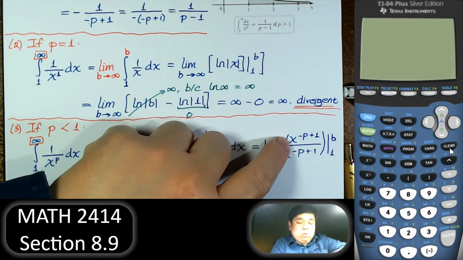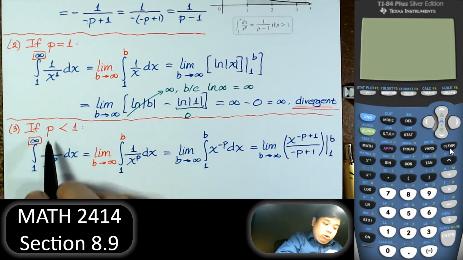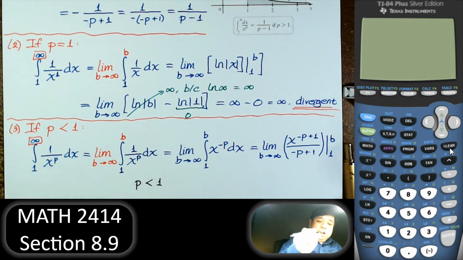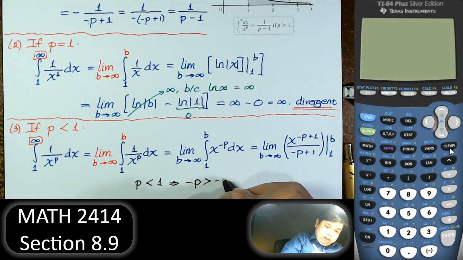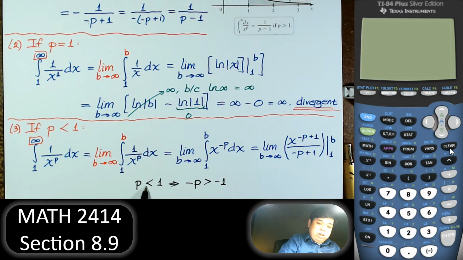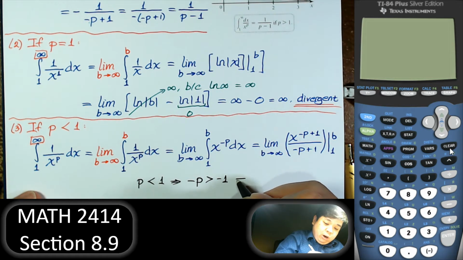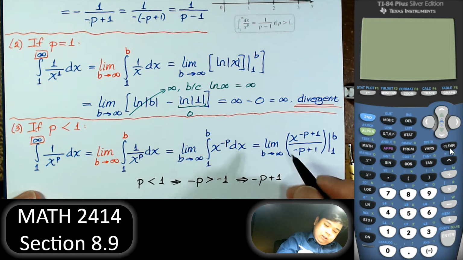Now just take a look at negative p plus 1. Originally we have p less than 1. Similar to what we did earlier, if p is less than 1, negative p is going to be greater than negative 1. So reverse the inequality again when we multiply by negative 1, and then we add 1 on both sides. Negative p plus 1 is greater than negative 1 plus 1.